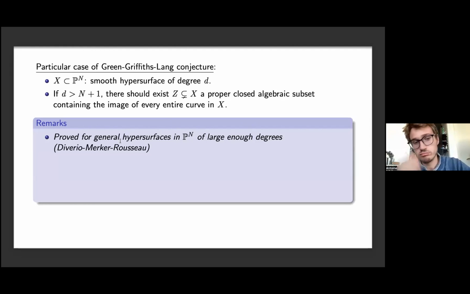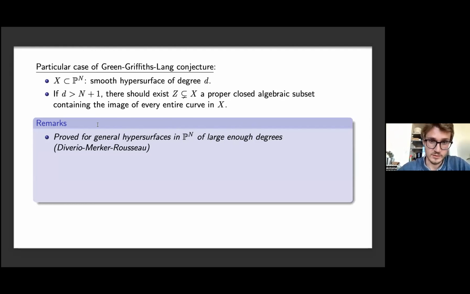And you say that you pick your coefficients in an open set. Said otherwise, if you pick them randomly, roughly, then the result holds. And here, large enough degree, actually, the bound is very, very large. It's exponential in n, so it's very far from this linear bound.